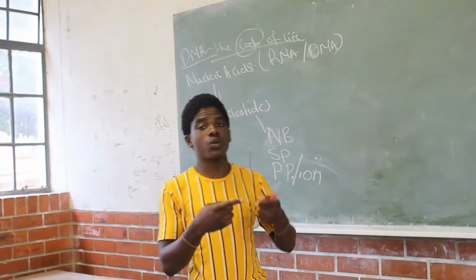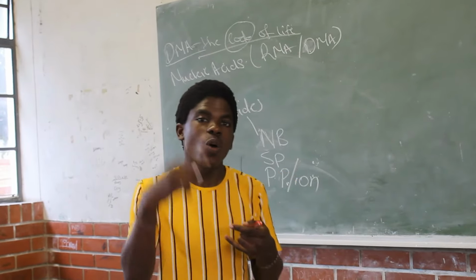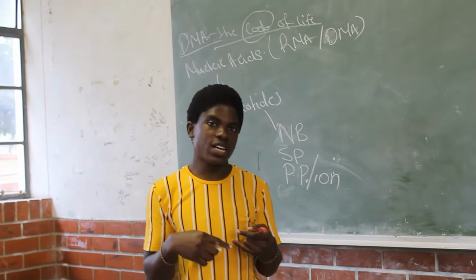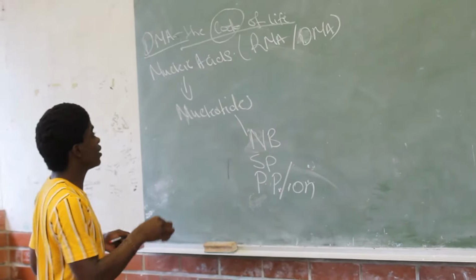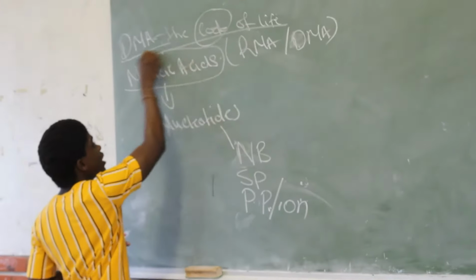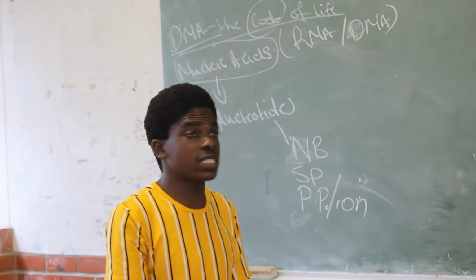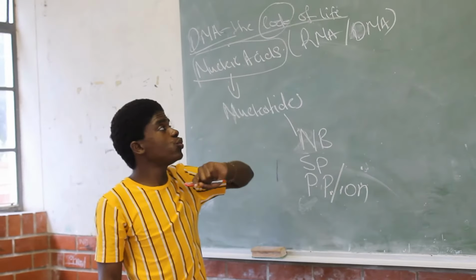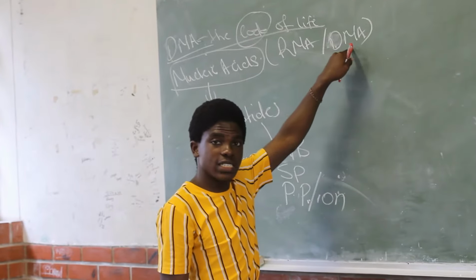But before we go into DNA as the code of life, we need to know what makes DNA. What group does DNA fall under? DNA falls under a very marvelous group which is called nucleic acids. When we're talking about nucleic acids, we are talking not only about DNA, but about two nucleic acids. We have RNA and DNA.